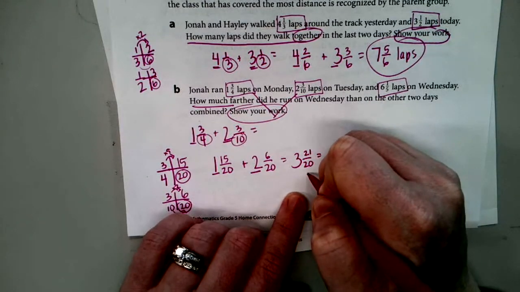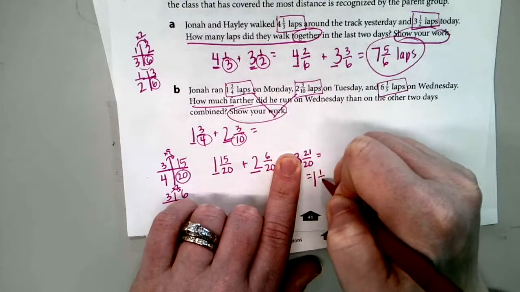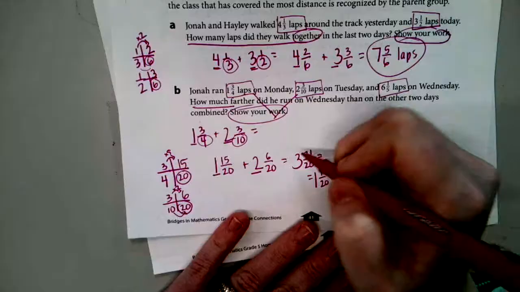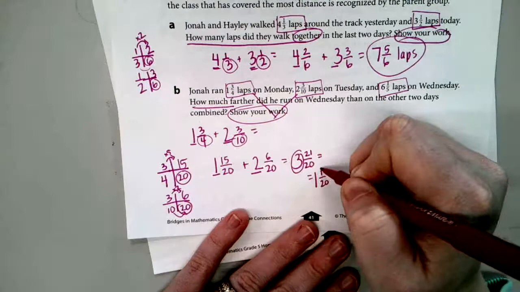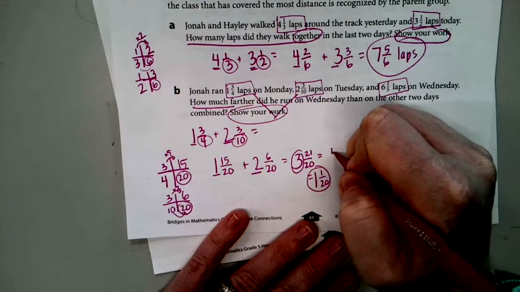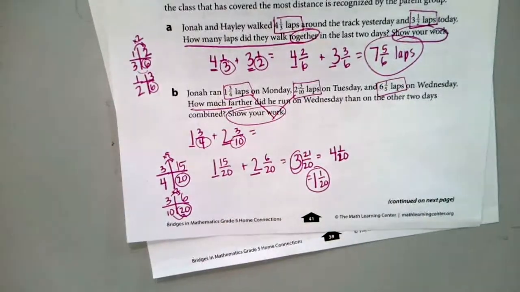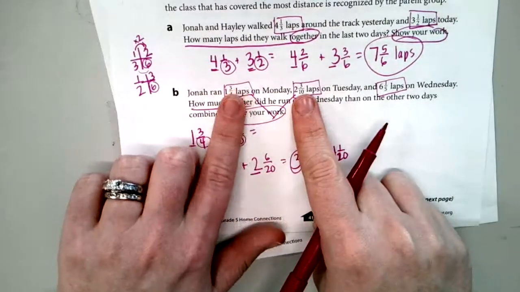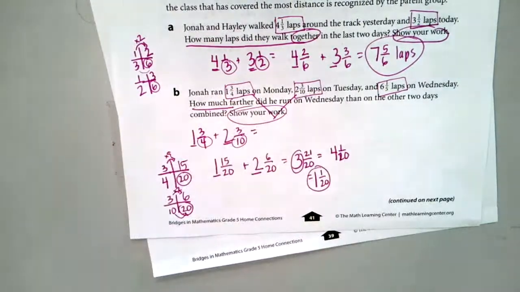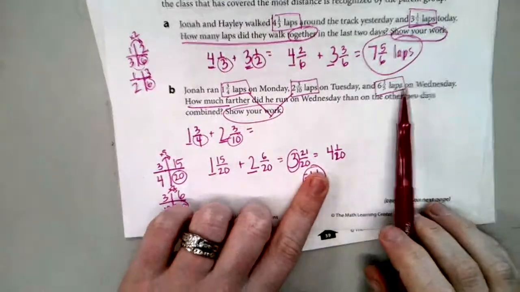So 21/20 equals 1 whole, and how many left over? 1/20 left over, but I still have to add it to this 3. So 3 plus 1 is 4, and I still have that 1/20. We're not done though. That's how much he ran on Monday and Tuesday. They want to know how much farther did he run on Wednesday.